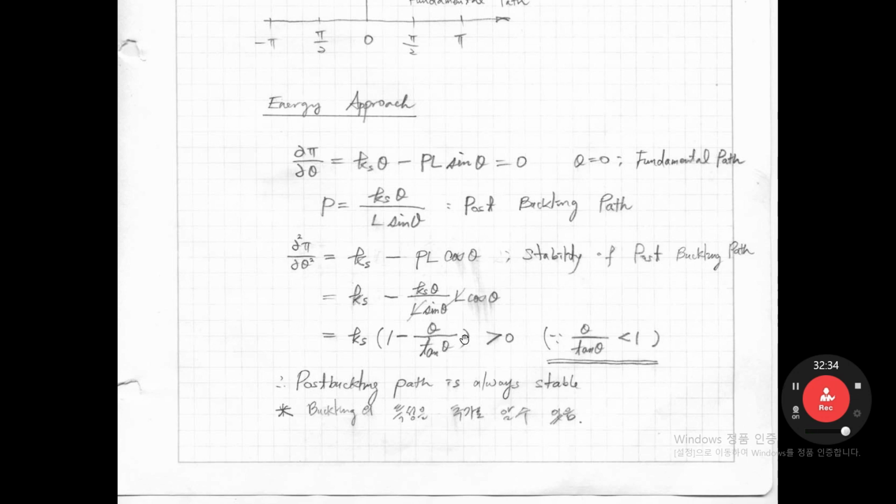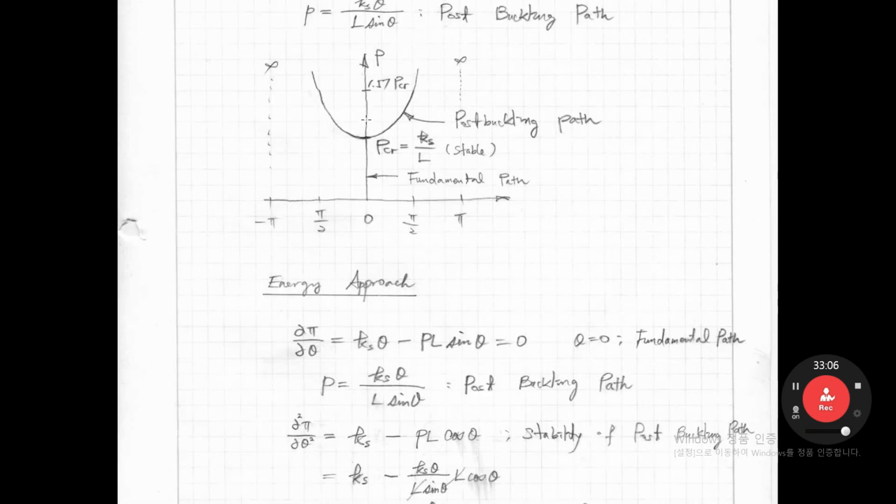That means this term is greater than 0. This second derivative value is greater than 0, meaning the post-buckling path is always stable. More load is required to obtain more deflection. That means the system is stable in the post-buckling path.